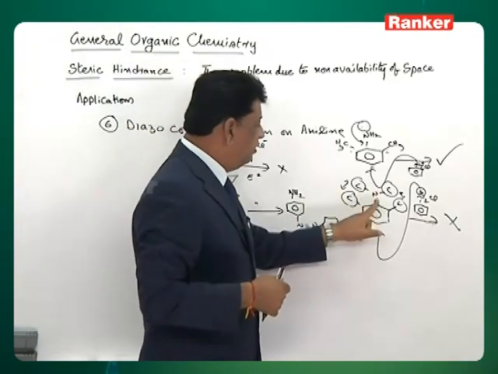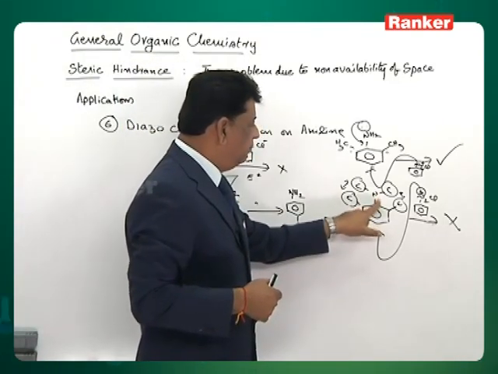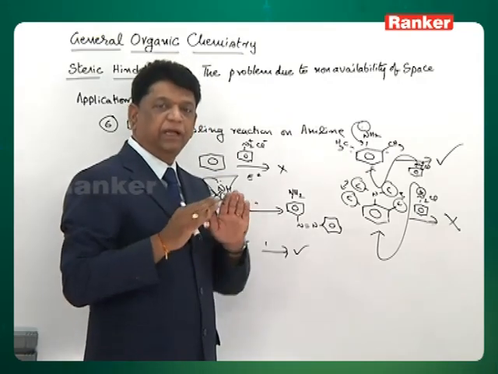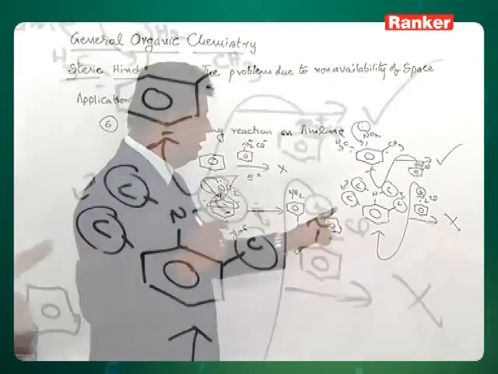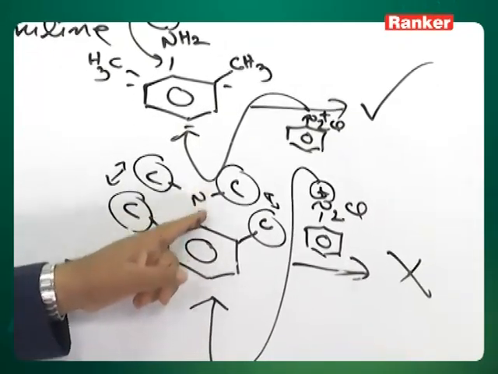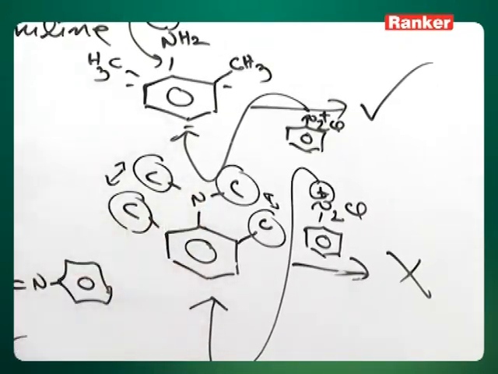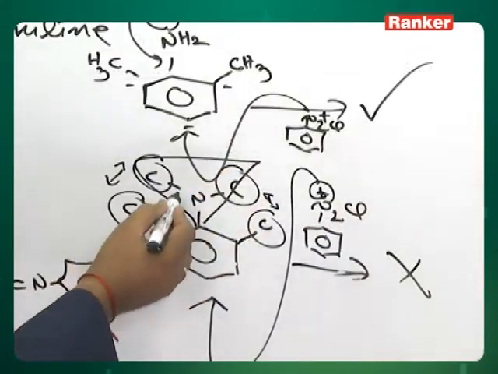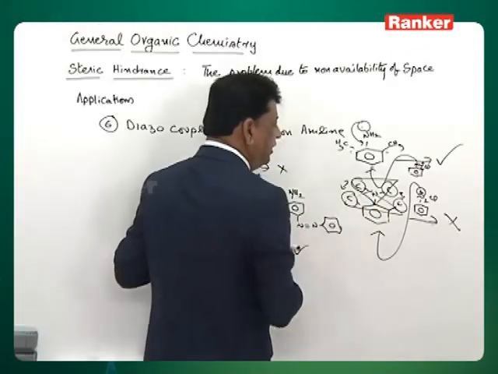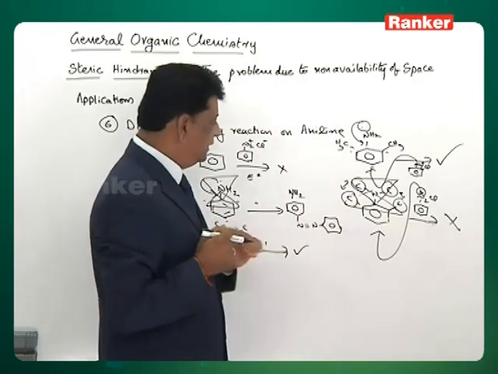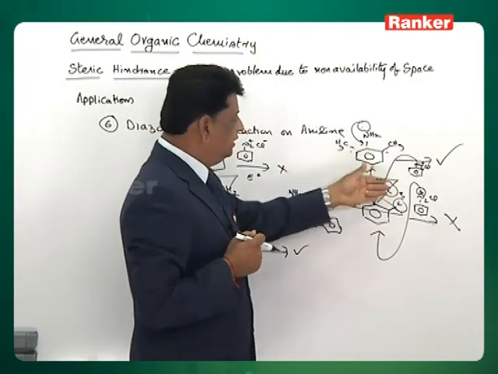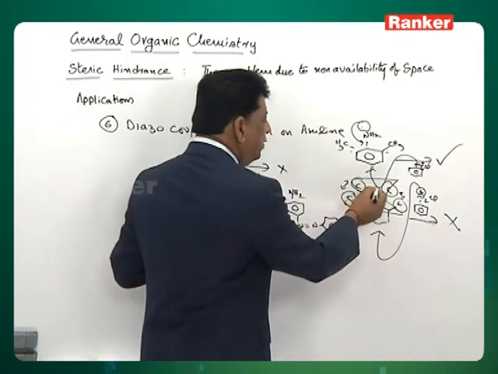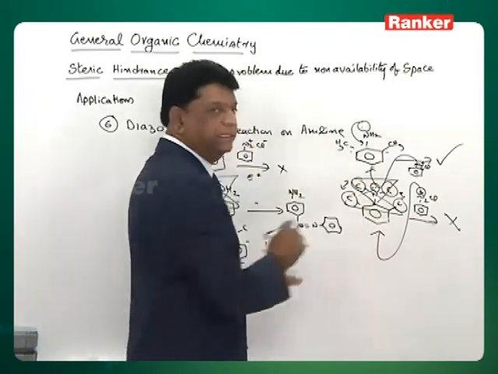Then pi bond formation between the nitrogen and the carbon is not possible, because a pi bond forms when the planes are in the same plane and the clouds are parallel to each other. Here the trigonal planarity of this one and of that one will be perpendicular to each other. So the N with the two methyls, or the lone pair on the N, cannot show the plus M effect with the benzene.